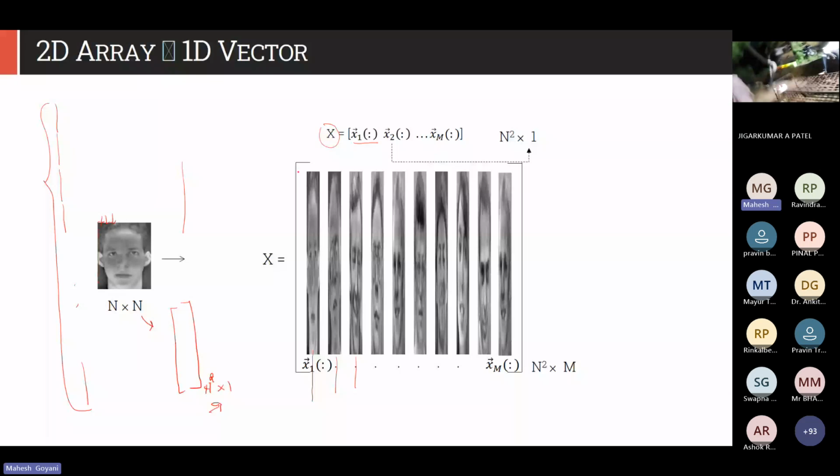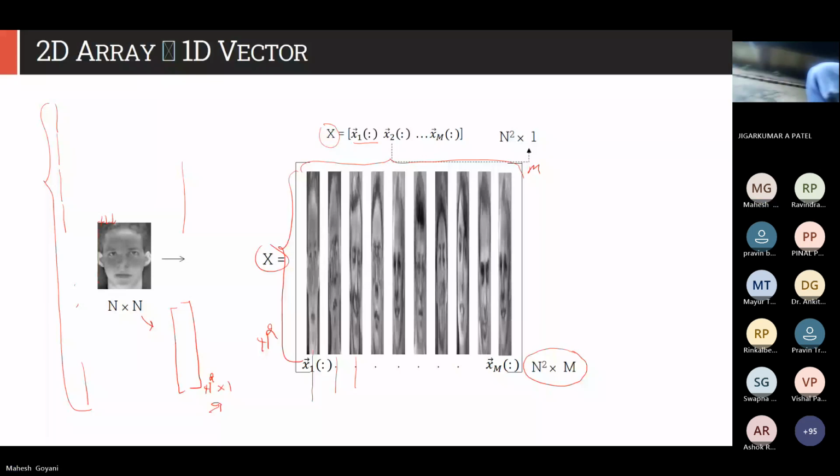And I assume that we have m such images for the training. Okay, we have m images for our experiment. So the dimension of this X would be n square by m. It has n square rows and m columns. Each column represents a mean centered image. Hope you are with me up to this point.